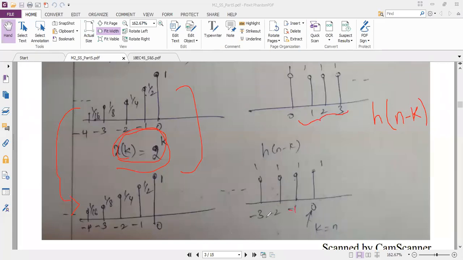So minus 1, minus 2, minus 3, at those values I have the samples. So that is the impact of this h of n minus k. I hope till this we have done the same steps as for the previous problem also. Are you people following this problem? Any doubts up to this?